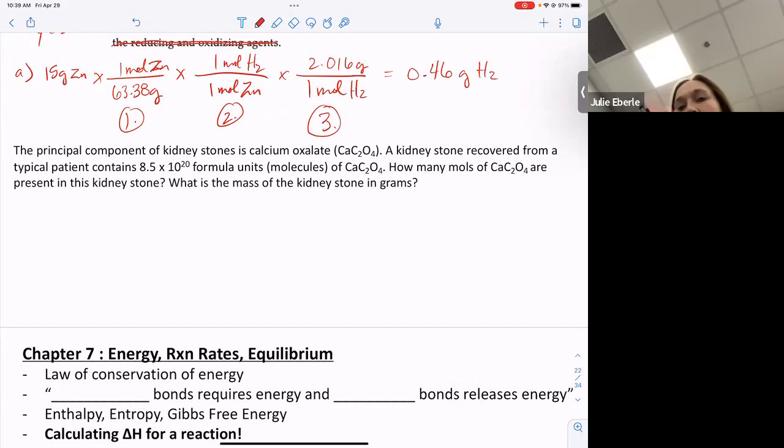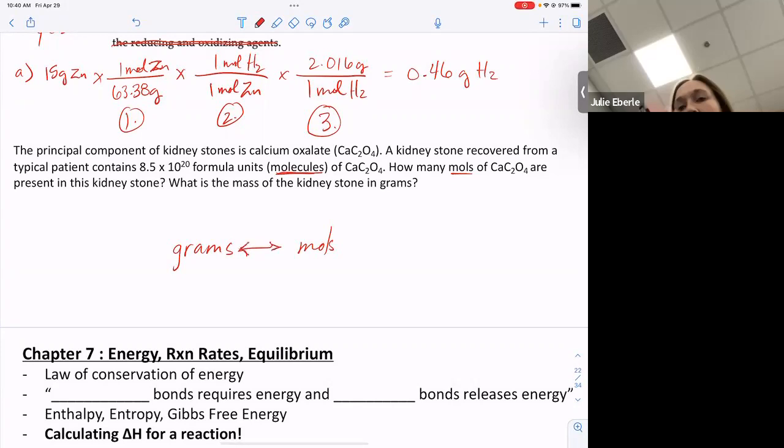All right. So because it's giving you the number of molecules and it's asking for the number of moles, you're going to have to use Avogadro's number here. Anytime it asks you how many atoms or how many molecules, or tells you a number of atoms and molecules, remember this chart where I said you can convert between grams and moles using molar mass, okay?